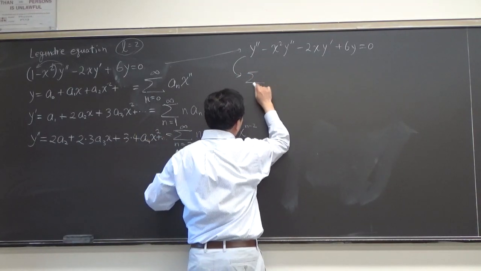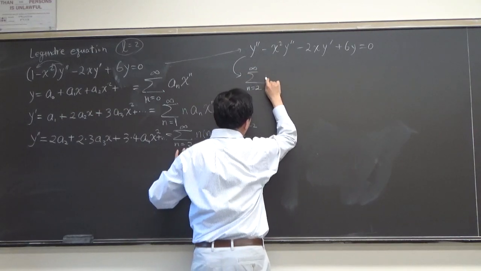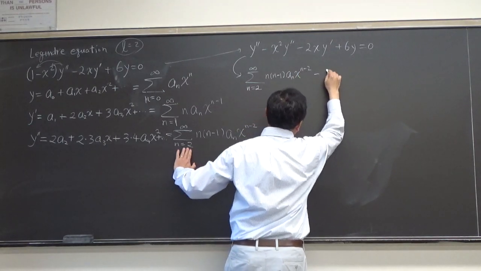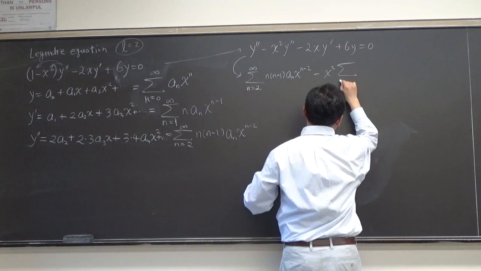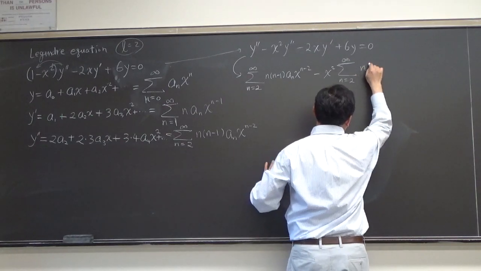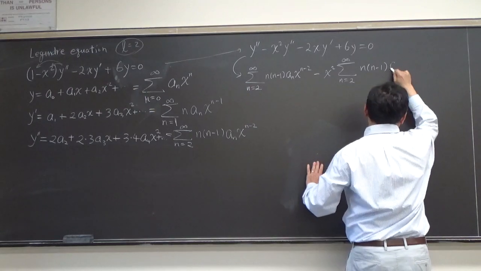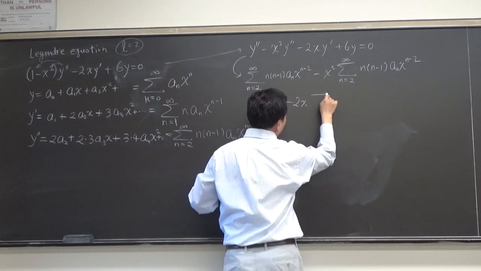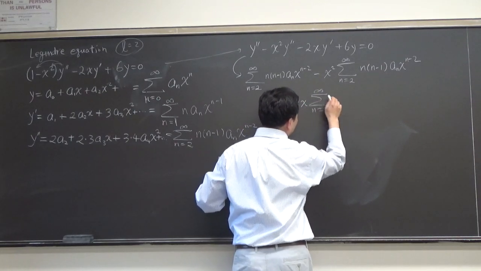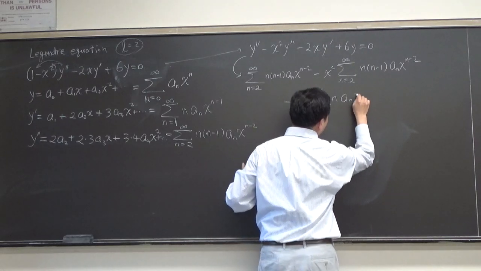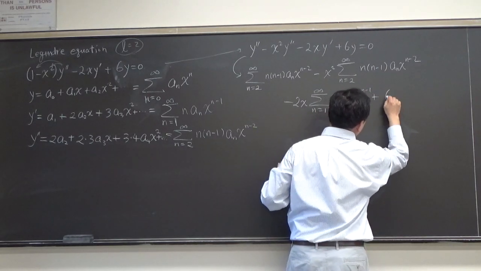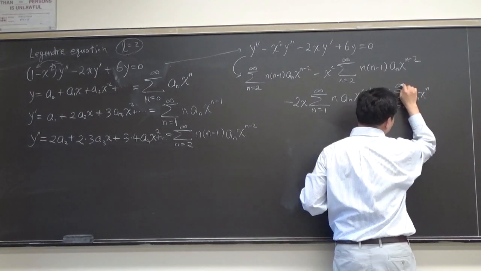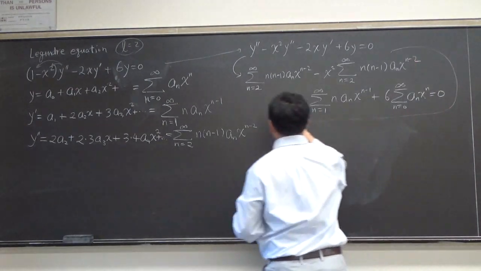N starts from 2 to infinity, n times n minus 1, a n x to the n minus 2, minus x squared, summation n equals 2 to infinity, n times n minus 1, a n x to the n minus 2, minus 2x, summation n starting from 1 through infinity of n times a n x to the n minus 1, plus 6 times summation of a n x to the n, n from 0 to infinity equal to 0. So this is what you get.